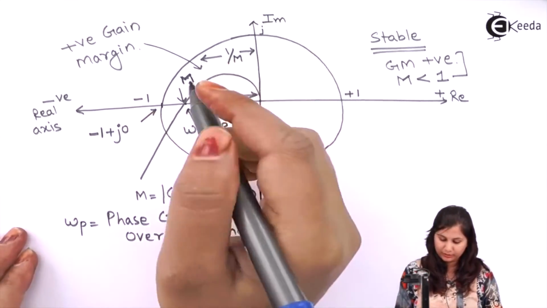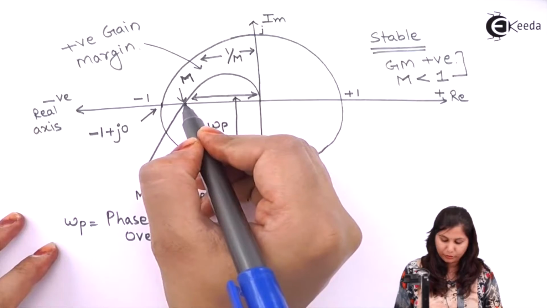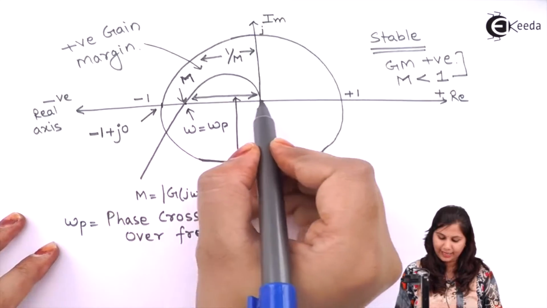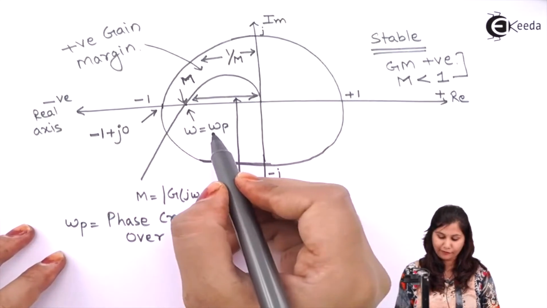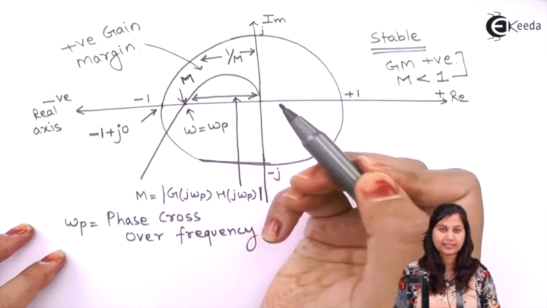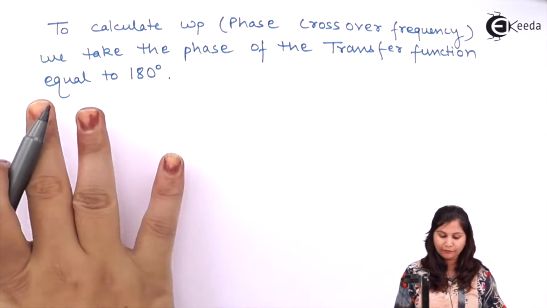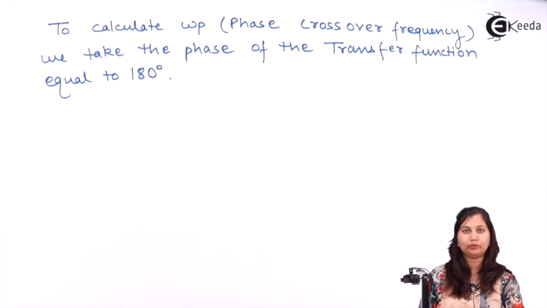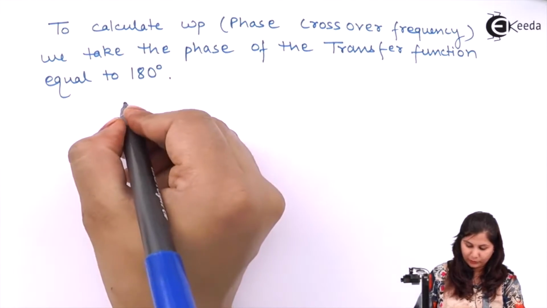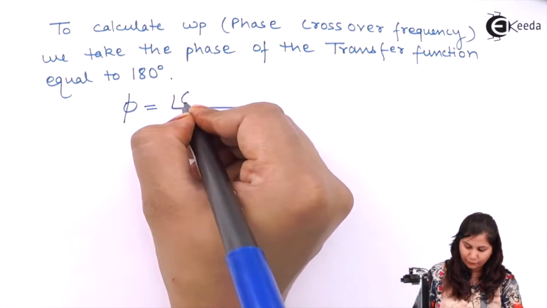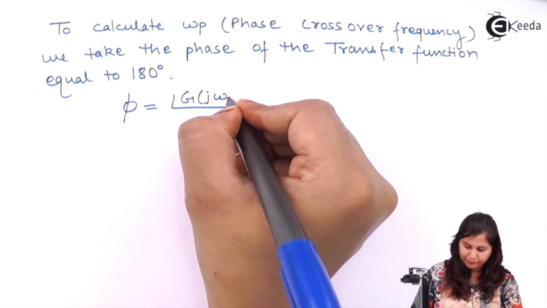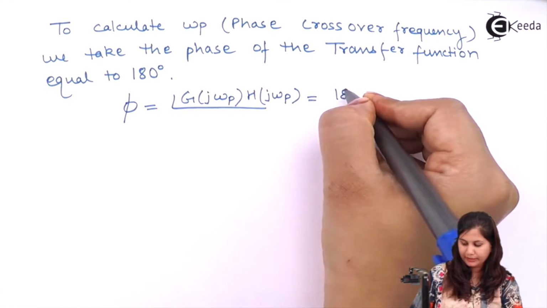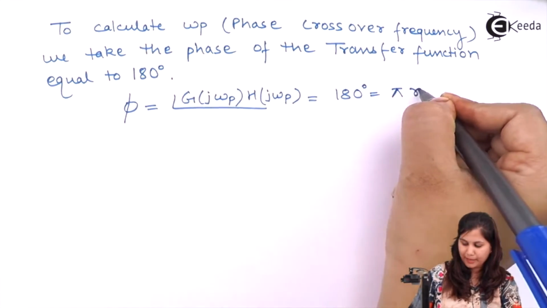On this polar plot you can see that when the plot intersects the negative real axis, the angle is 180 degrees. That is, at the phase crossover frequency, the phase angle is 180 degrees. So you just put the phase angle of the transfer function as 180 degrees, and then you will be able to find the phase crossover frequency. So φ, that is the angle of G(jωp)H(jωp), equals 180 degrees, or we can say π radians.